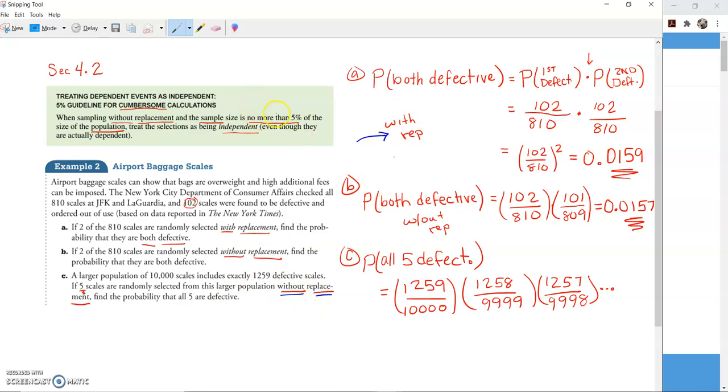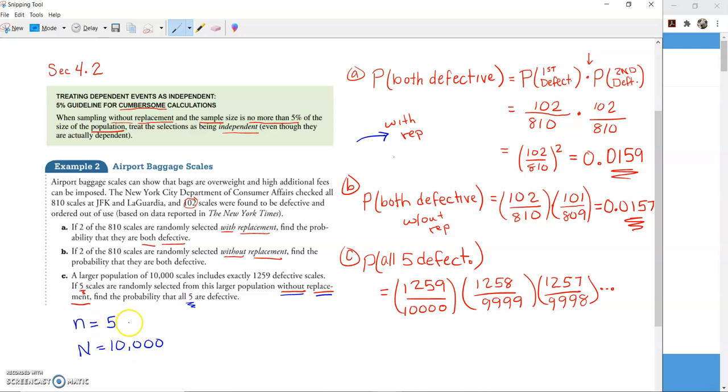So let's first check that our sample size is not more than 5% of the population size. In part C, our sample size n is 5. We're sampling 5 scales. Our population size, which we use a capital N for, is 10,000. So 5 is definitely less than 5% of 10,000.